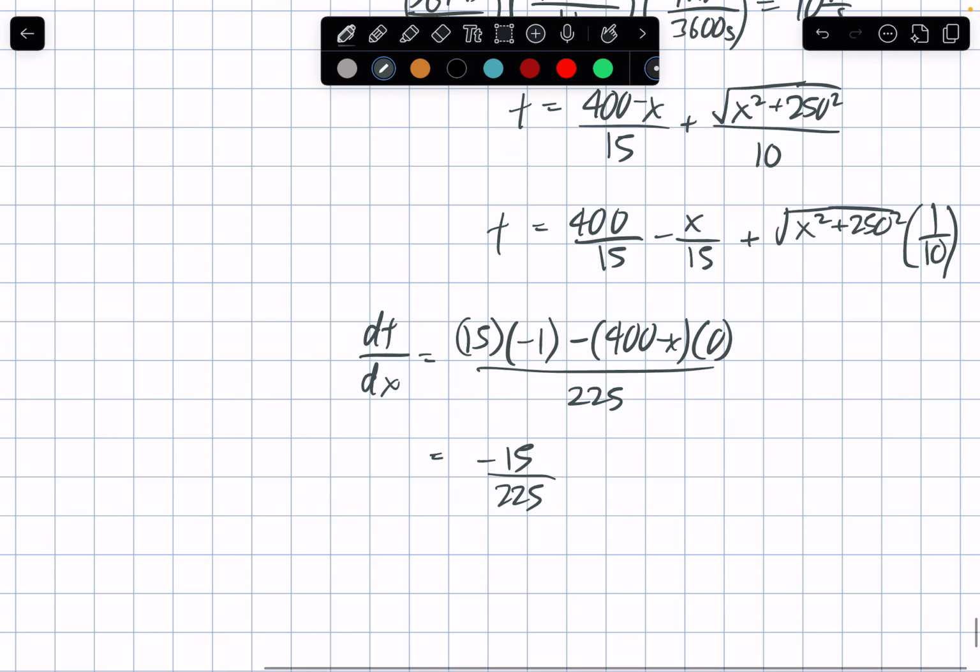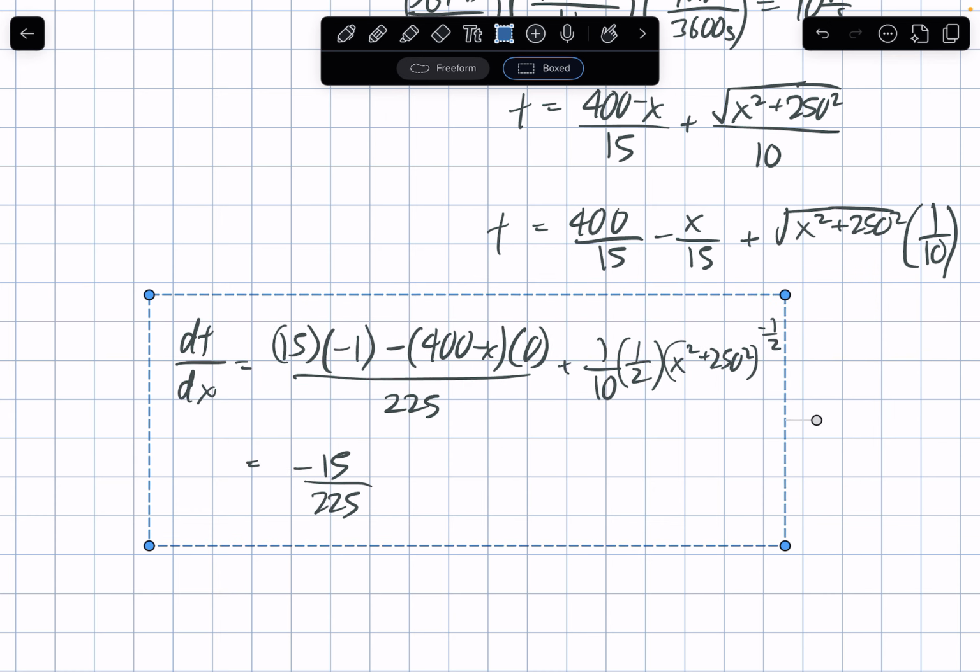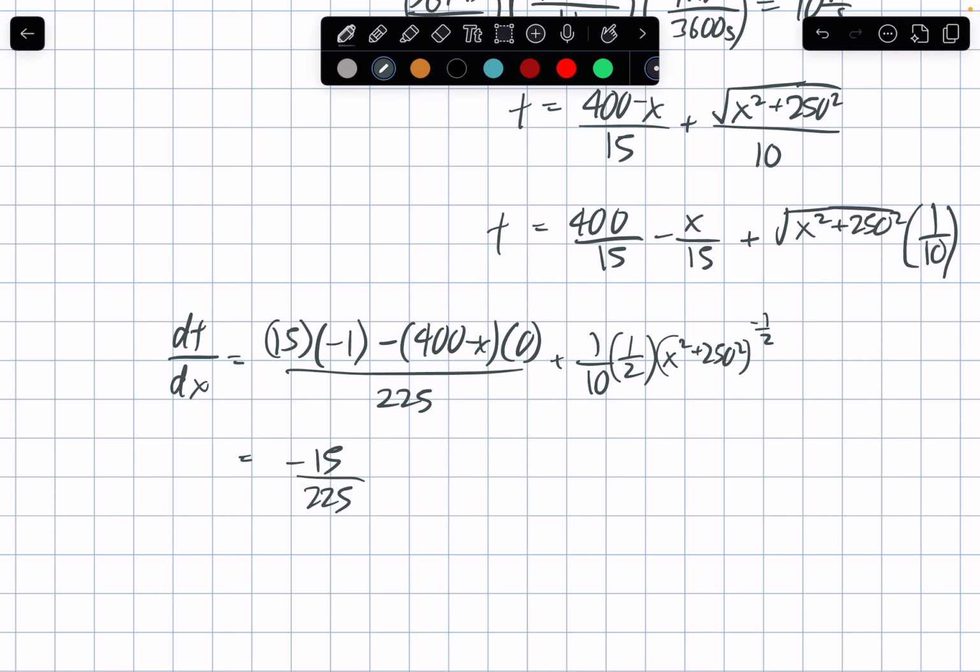Then plus 1 over 10, 1 over 2, x squared plus 250 squared raised to negative 1/2 times 2x.